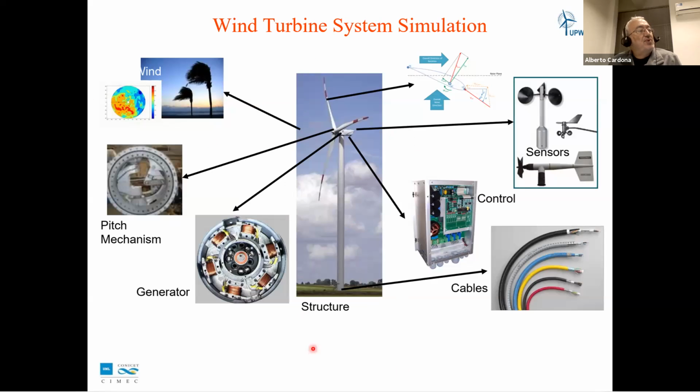The wind turbine is a structure like this, and we should take into account aspects of wind. There are several mechanisms inside: a pitch mechanism which controls the rotation of the blades, the generator, the control of the system, which is very important. As we show, there are sensors and eventually the cables. It is the output, the power output.